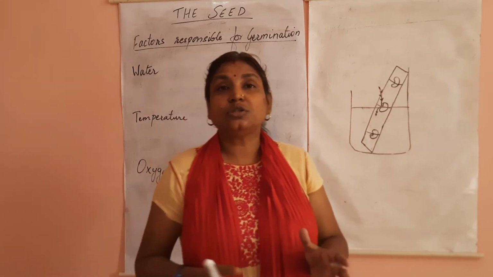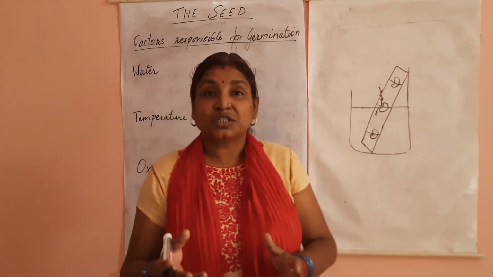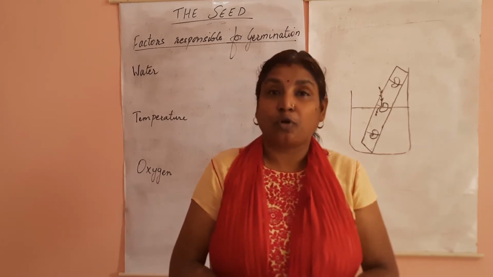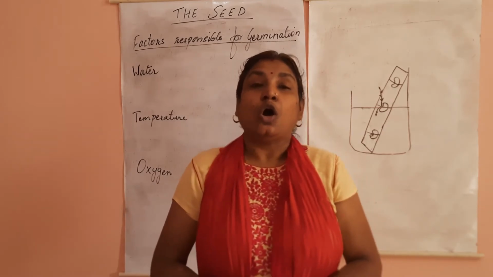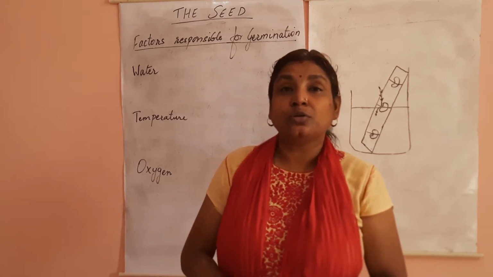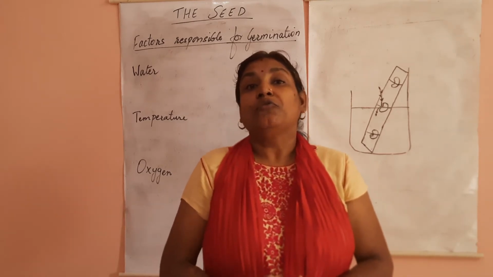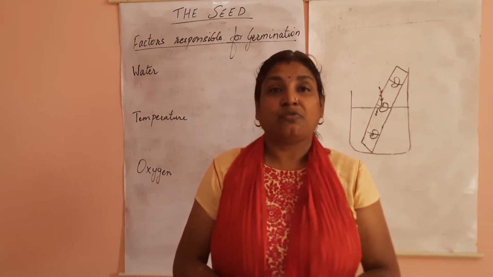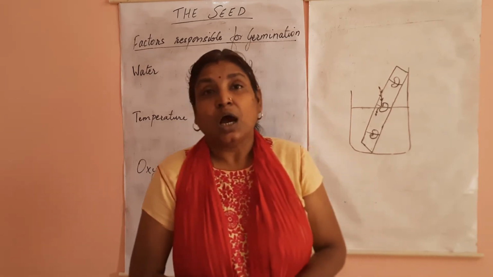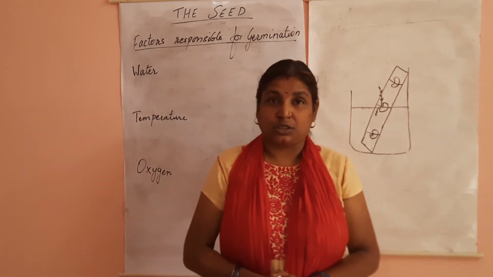But we will also see that the seeds formed immediately, the fresh seeds that are formed, do not germinate, or there are certain seeds which do not germinate for a longer period of time, even if all the favorable conditions are available. Such a state is known as a state of dormancy.